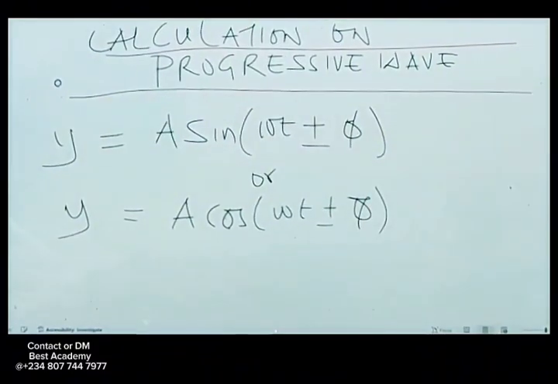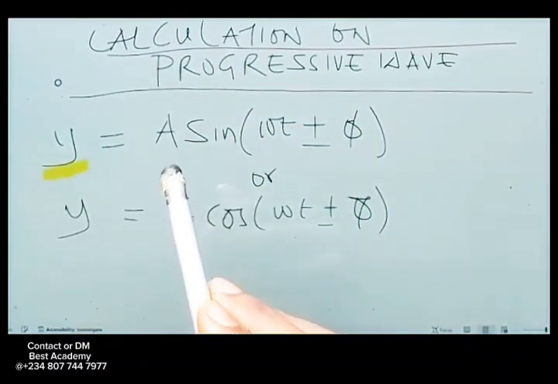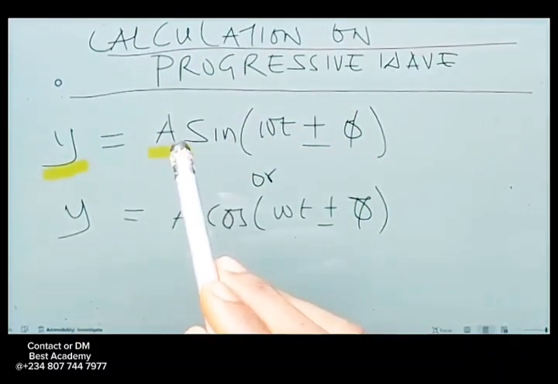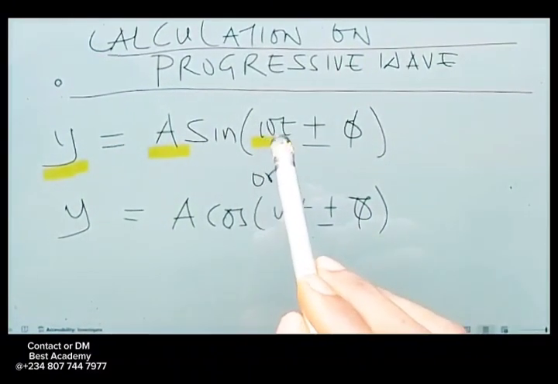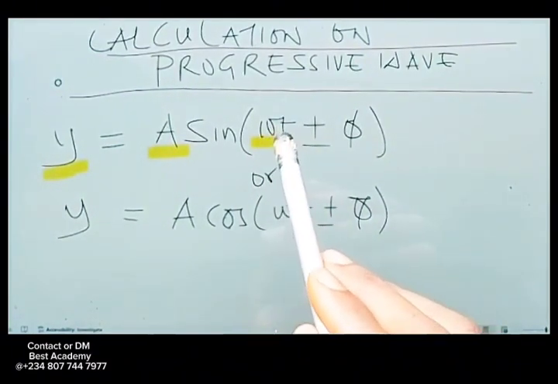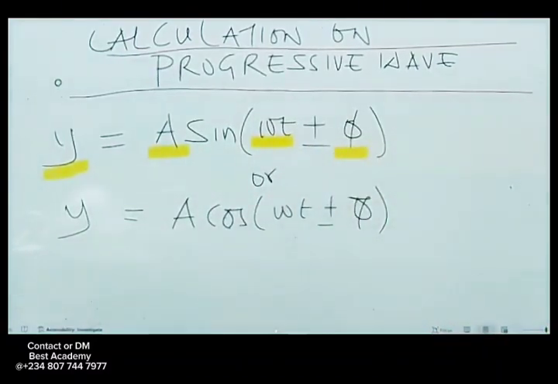Now let's get the parameters here. This y is said to be displacement, a is amplitude, omega is angular frequency, t is time, and phi is phase angle or phase shift.